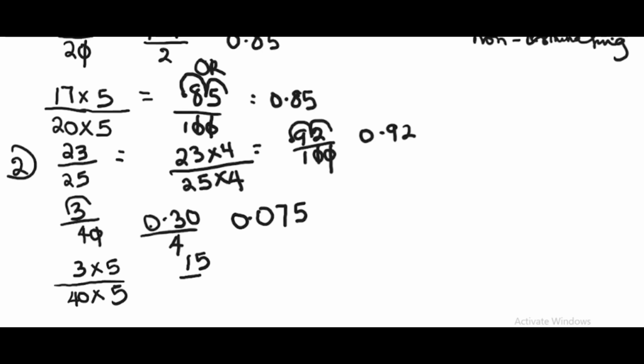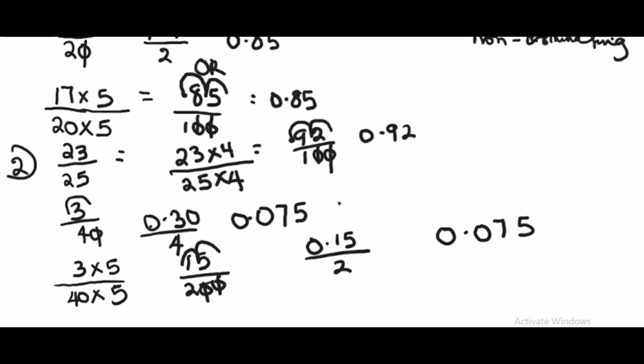Cancel it again, I move 1. So I have 0.15 over 2. So 0 divides 0, you have 0. 2 divide 1, it will not work. So 2 divide 15 will give me 7 remainder 1. So that 1, add 0 to it, you have 10. 2 divide 10, 5. So whether you use this or this, you are still correct.